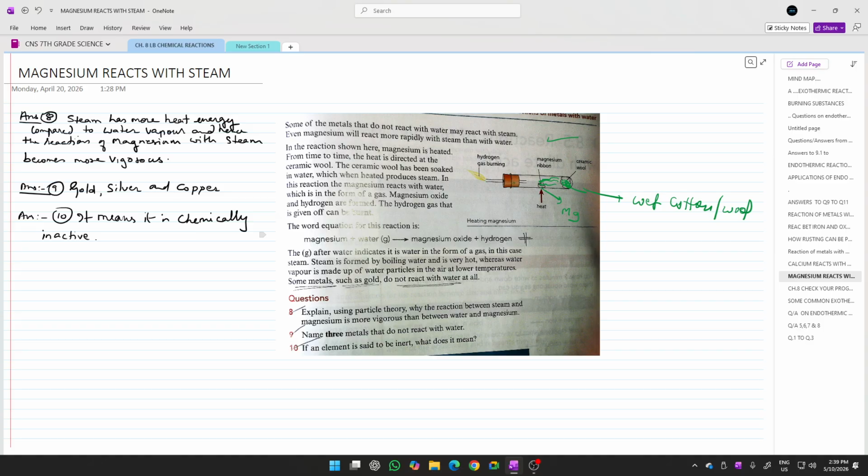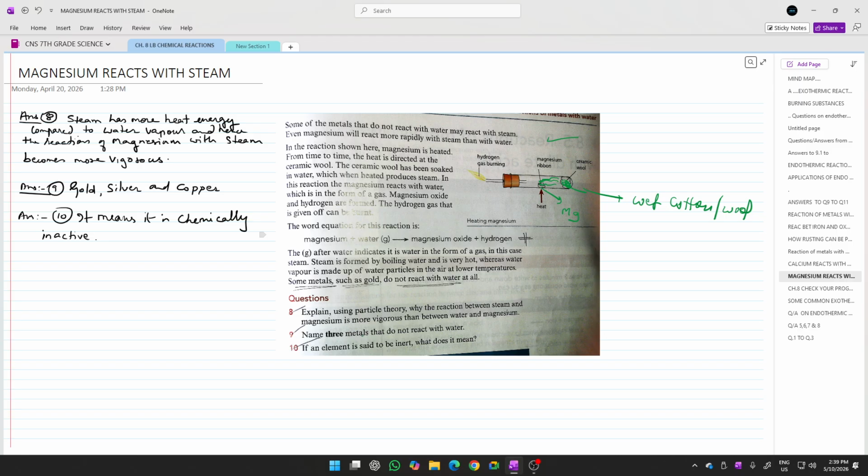The tube is fixed into a stopper. Now this hydrogen gas can be tested with a burning splint, and if there is a pop sound, that indicates that the gas being collected is hydrogen gas. So this is that investigation, and it is all written over here.